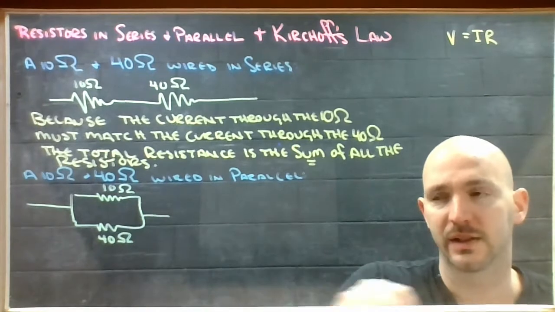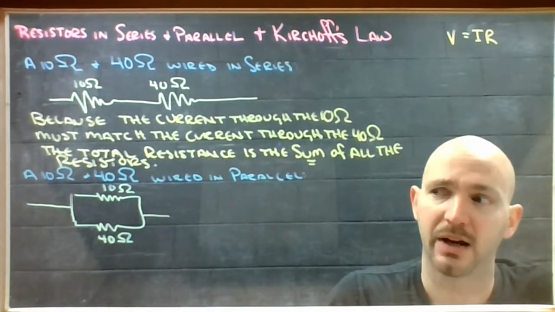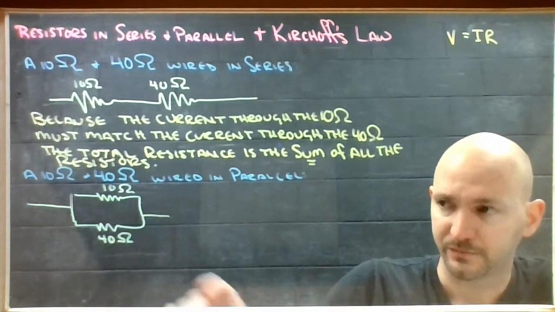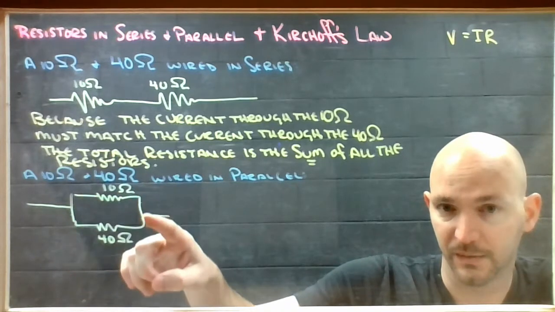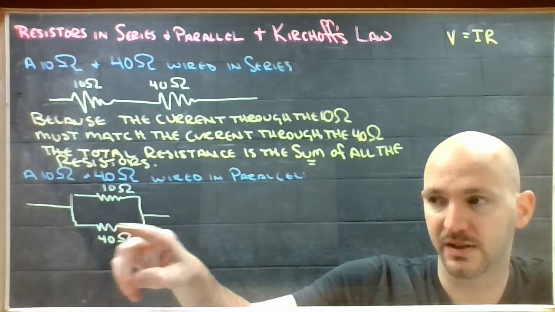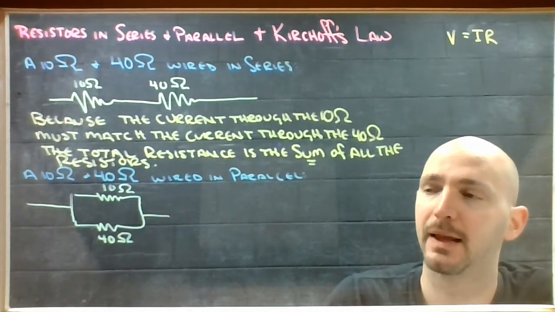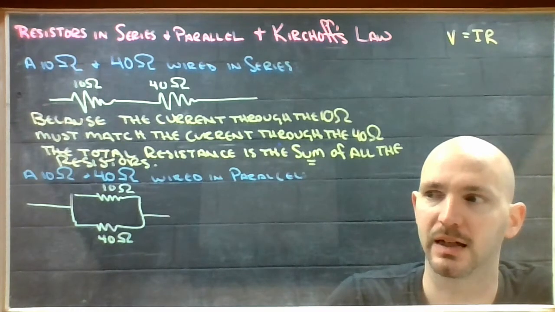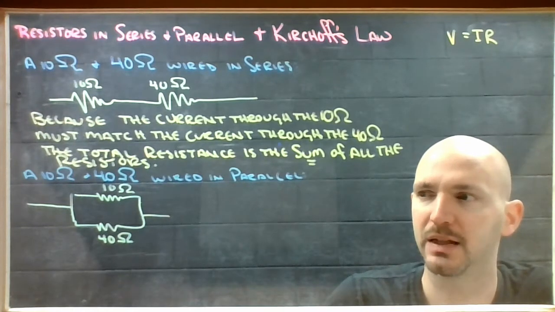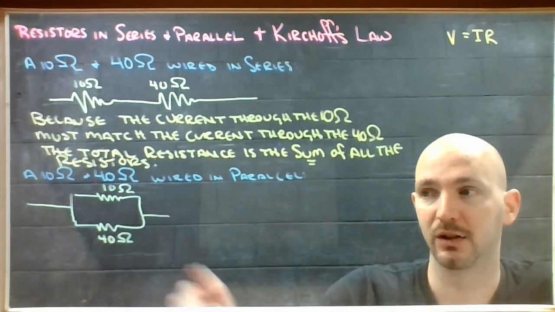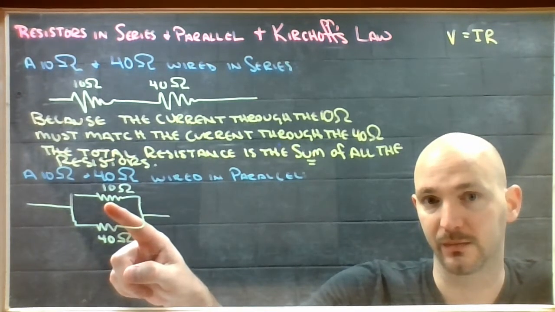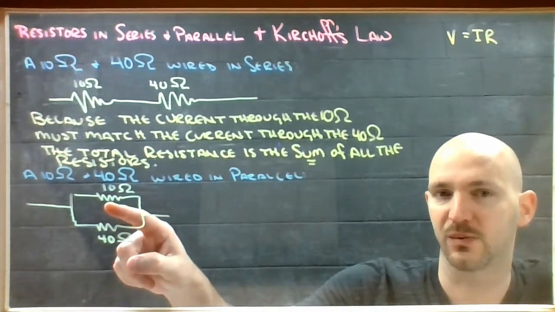Now, if we go down to this one, when it's wired in parallel, and you have a choice. Some of the current is going through this up branch, and some of it is going through the lower branch. And if you think about that, there should be more current going through this one, because there's less resistance.